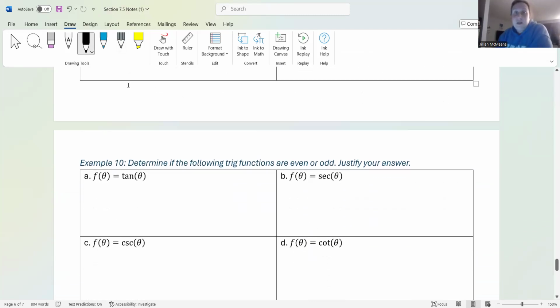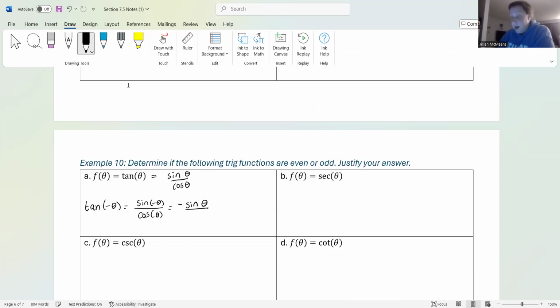Example 10 says determine if the following trig functions are even or odd, and justify your answers. Well, tangent. We know that tangent is really sine over cosine. So if we wanted to find tangent of negative theta, that would be sine of negative theta over cosine of negative theta. Since sine we decided is odd, sine of negative theta equals negative sine of theta.